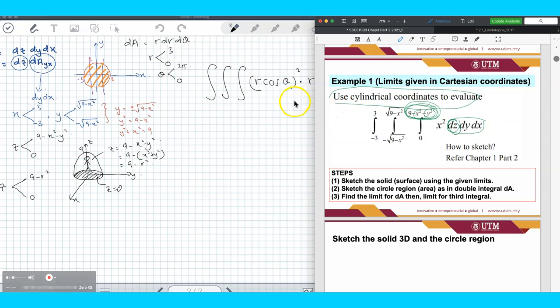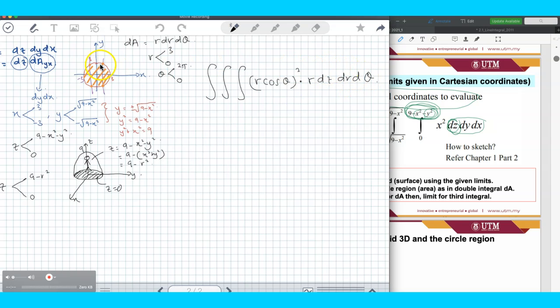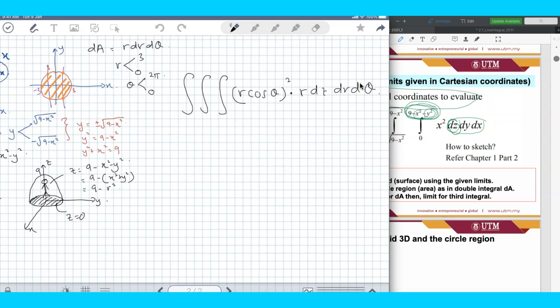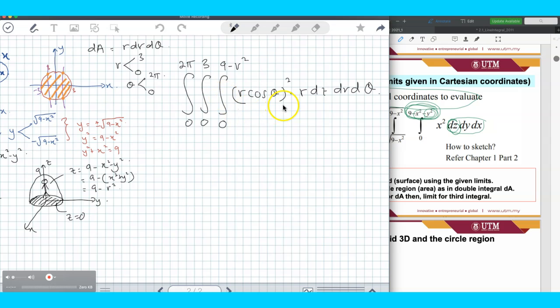We put the r d theta at the back because our region is a circle on the xy plane. So now based on our limits that we obtain, theta is 0 to 2 pi, r is 0 to 3, and dz is 0 to 9 minus r squared. So now everything is in terms of only r, theta, and z. So now this is already in cylindrical coordinates.